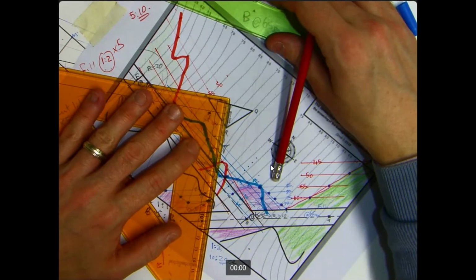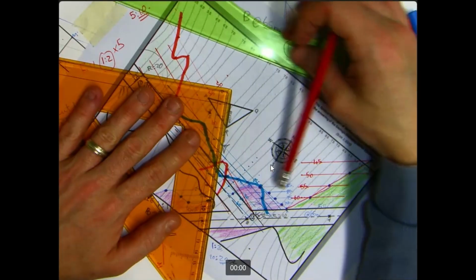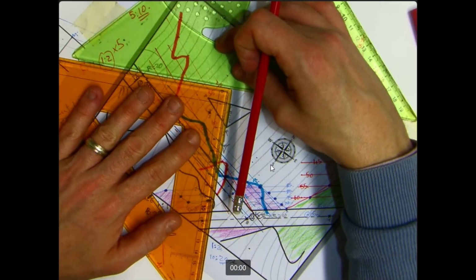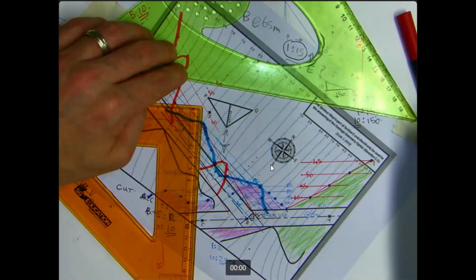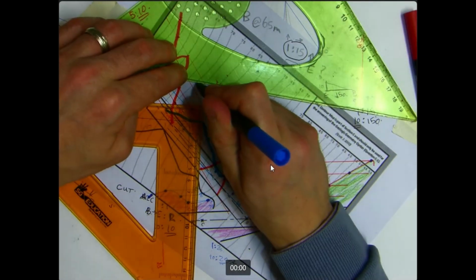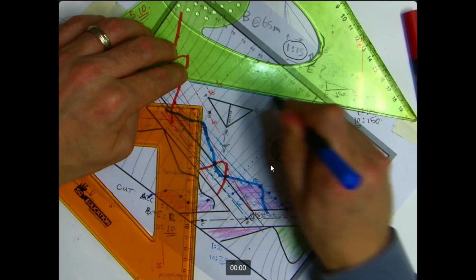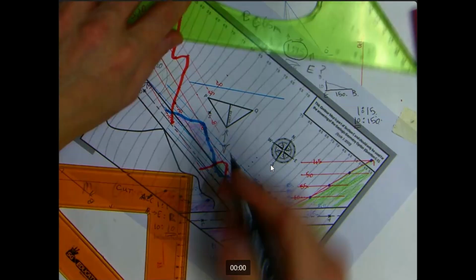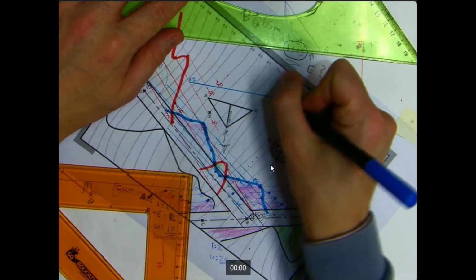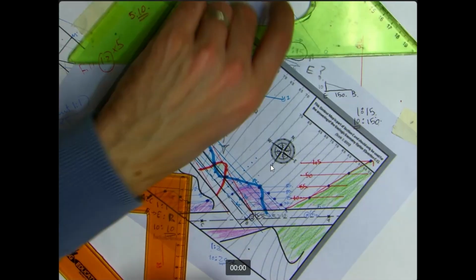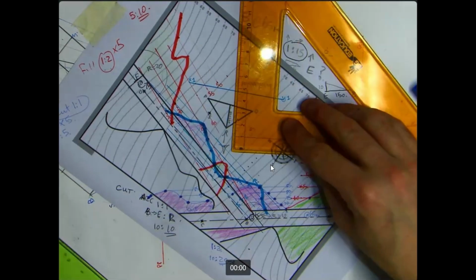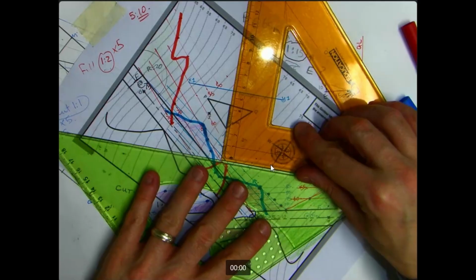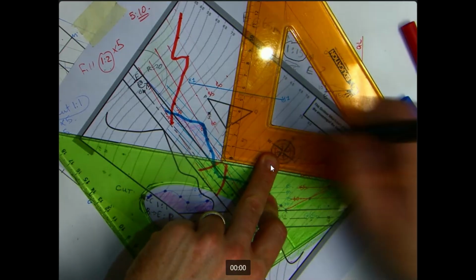I'll take my strike, and take my second set square to go 90 degrees to it. This will become my x1, y1. All of my points are going to be brought across at the exact same angle as the strike.